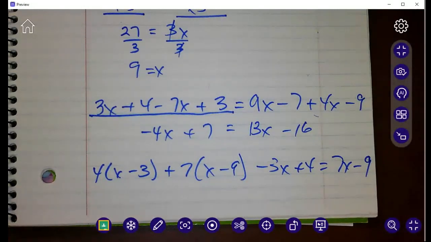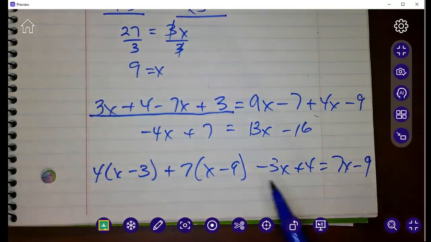We want the variable by itself on one side. We're going to have to get rid of that variable on one side or the other. And it's going to be a matter of, instead of just subtracting a constant, we're going to subtract the variable term or add the variable term.